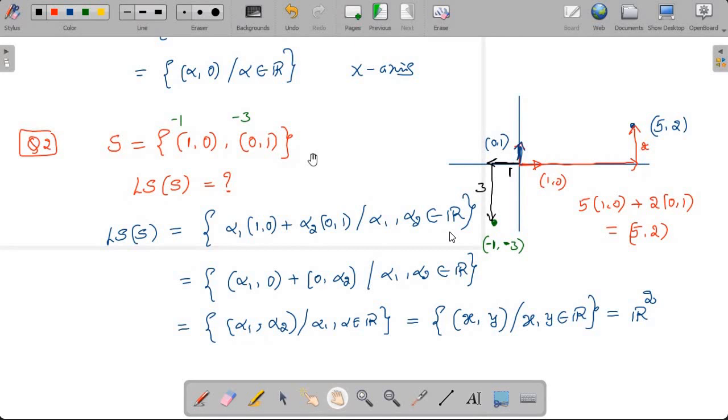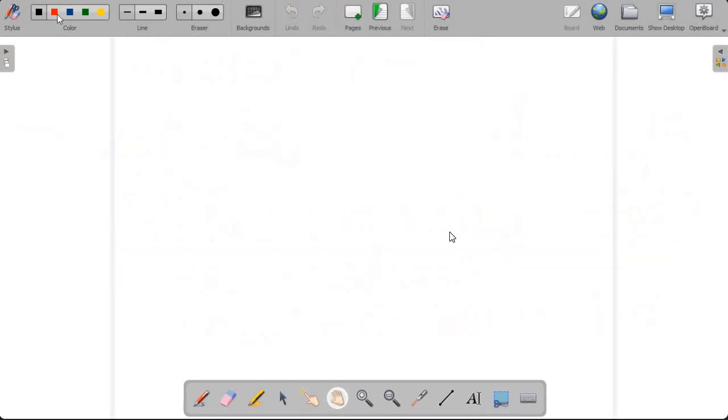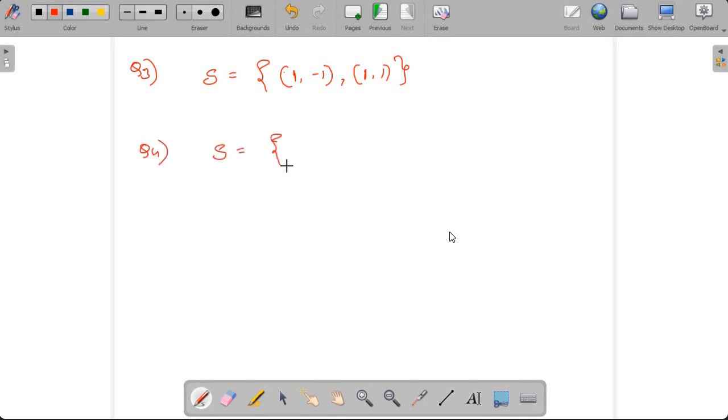All right. So similarly, I'll give you a few more questions. You think about them. Question 3: S is equal to (1, -1) and (1, 1). What could be the linear span of these 2 elements? Question 4: S equal to (1, 0, 0), (0, 1, 0), (0, 0, 1).